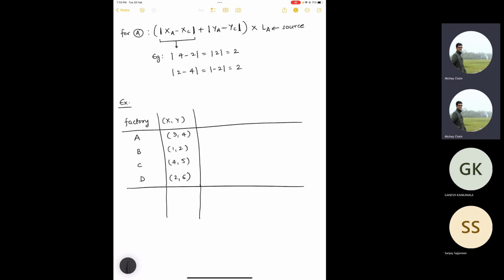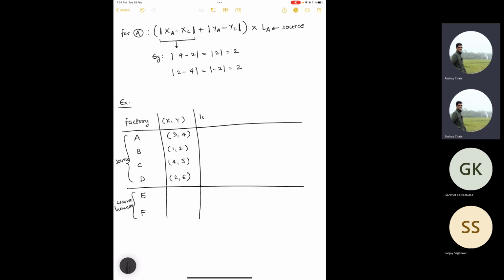Sir has done it assuming source and destination in the same listing. I'll just segregate them, and let's say you have two options, E and F. These are your source factories, and these are your warehouses. Now you have to select, and these are your loads.